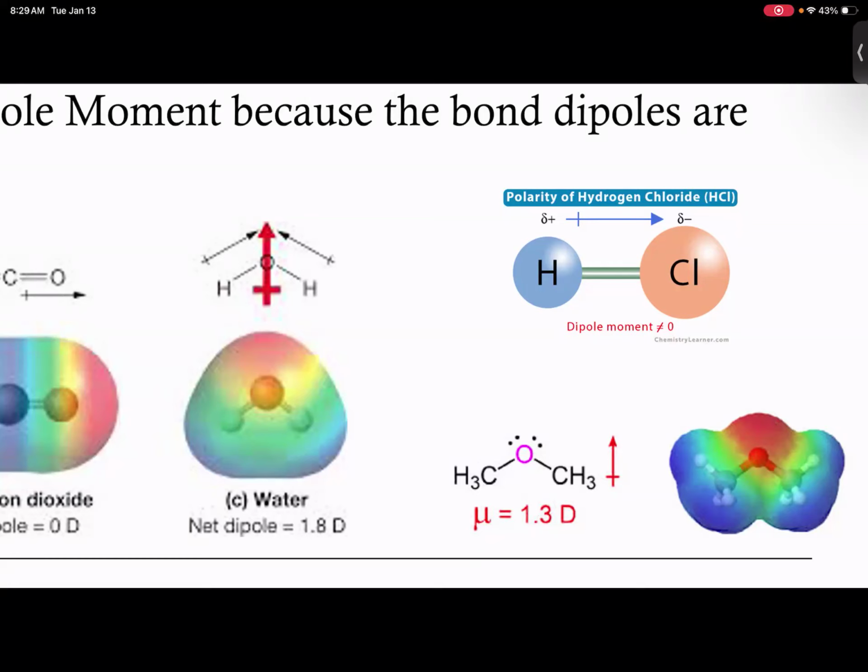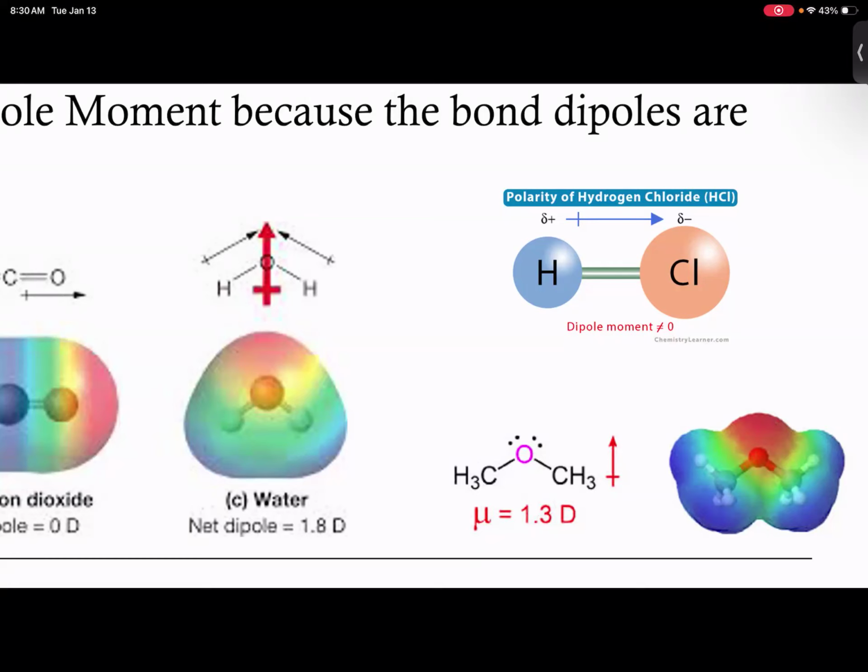Dimethyl ether is also a polar molecule. If you look at the carbon-oxygen bond, the oxygen is significantly more electronegative than the carbon. Because of that, the electrons are pulled towards the oxygen.